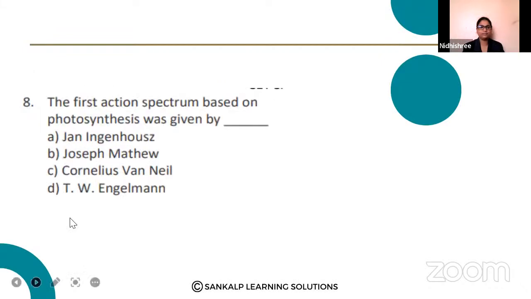Okay, the next question. The first action spectrum based on photosynthesis was given by, I repeat, the first action spectrum based on photosynthesis was given by, we just discussed it through the slides. Option A, Jan Ingenhousz. Option B, Joseph Matthew. Option C, Cornelius Van Niel. Option D, T.W. Engelmann.